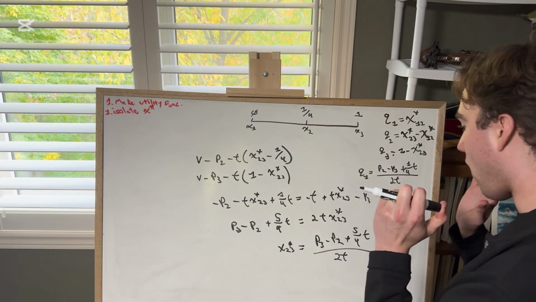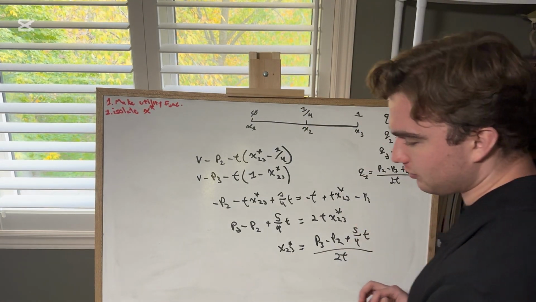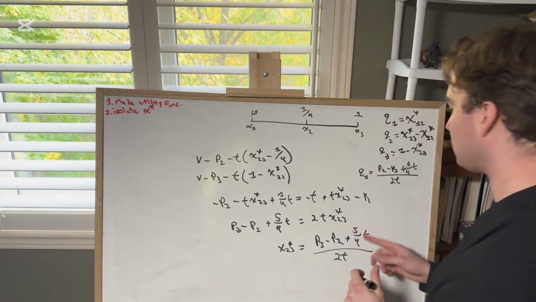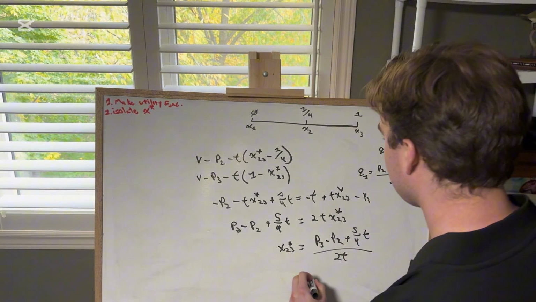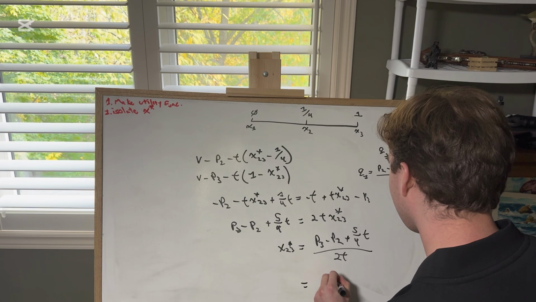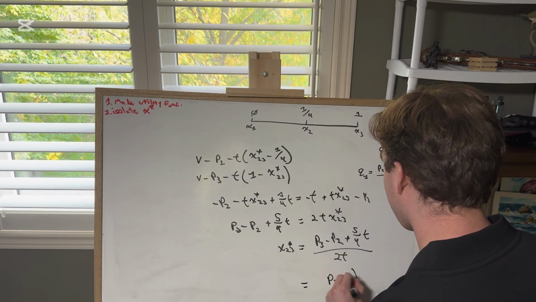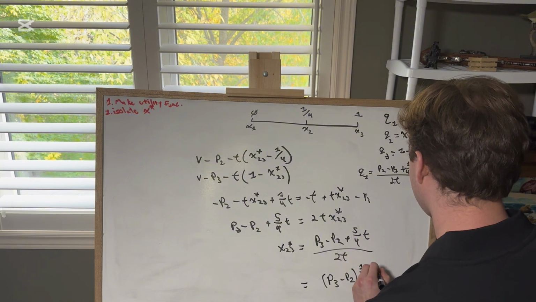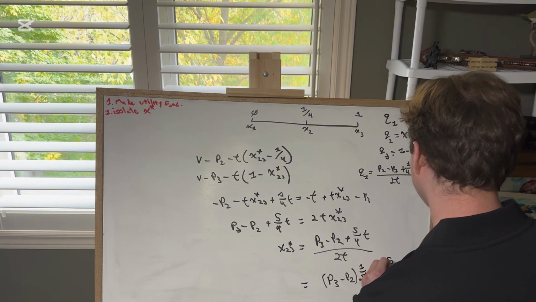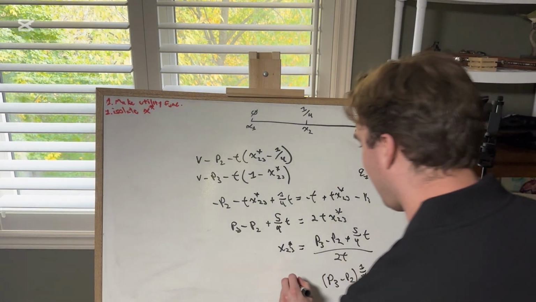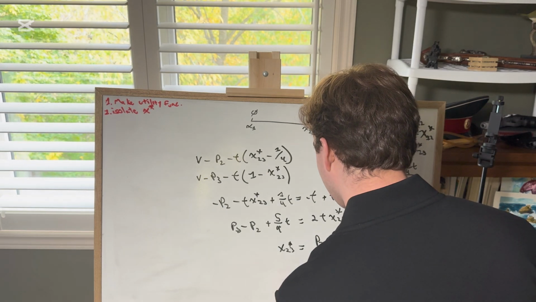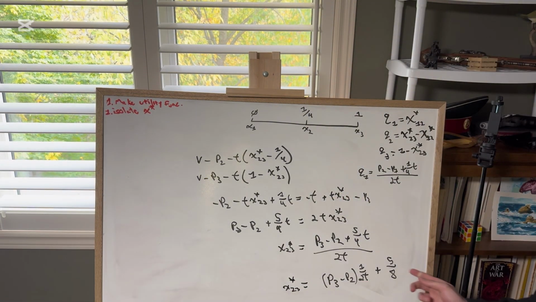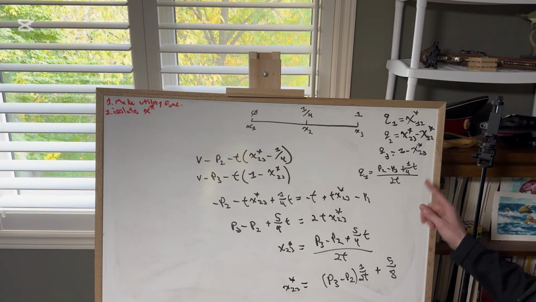Oh my gosh, I am barbaric today. This goes to 5 over 8. So this is equal to P3 less P2 times 1 over 2t plus 5 over 8. Okay? This is your x23 star. Okay, so that's it.